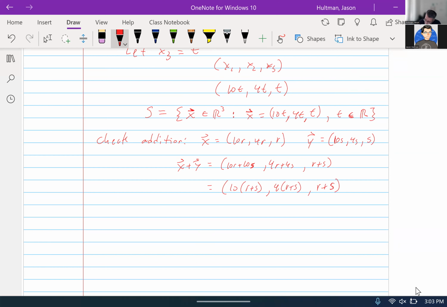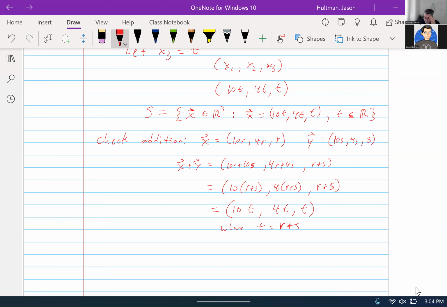Okay, and we could say that this is equal to 10t, 4t, and t, where t is equal to R plus S. Okay, and so we stayed within the subset of the vector space.